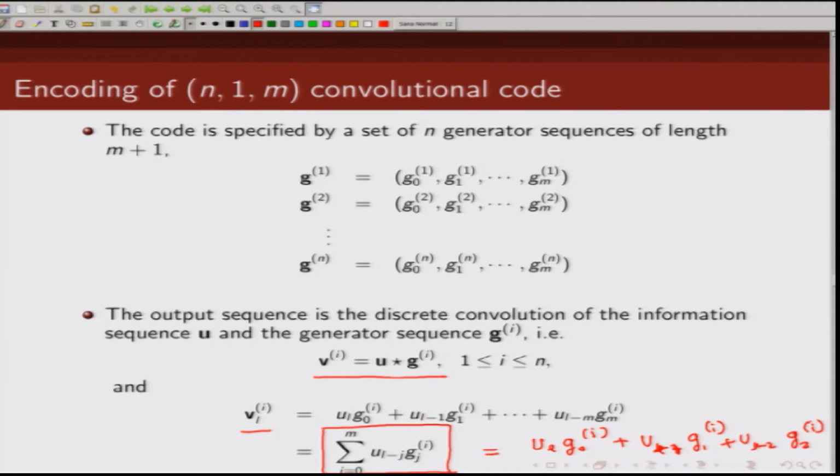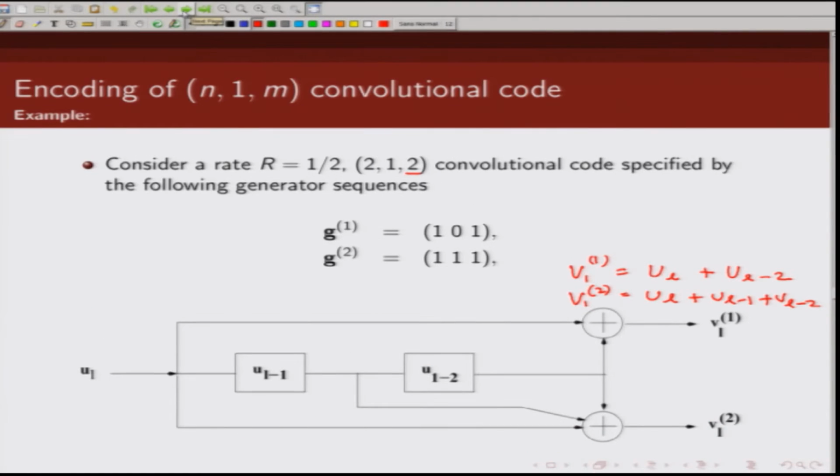And for the first coded sequence, G0, G1, G2 was 1, 0, 1, and the second sequence was 1, 1, 1. That's why the first coded sequence is UL plus UL minus 2, and the second coded sequence is UL plus UL minus 1 plus UL minus 2.